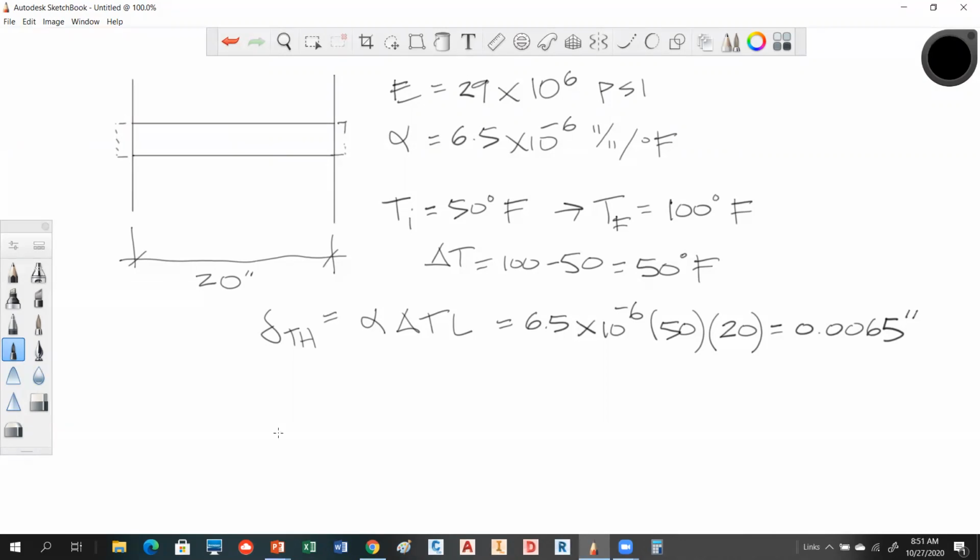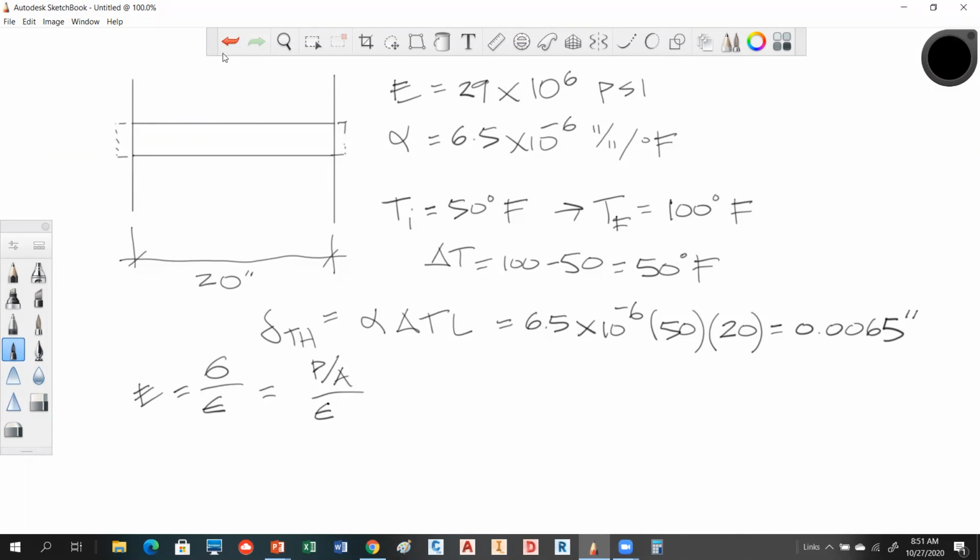So what we can do is now solve the stress that's developing due to this change. We know that modulus is equal to stress over strain, right? And we can write stress as force divided by cross-sectional area. Actually, we don't even need that, do we?